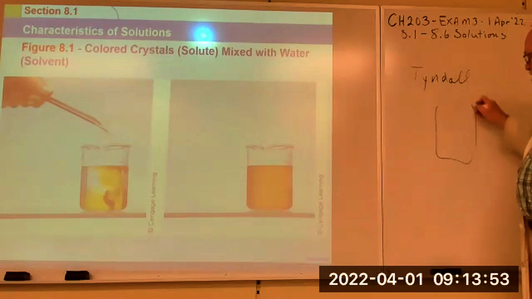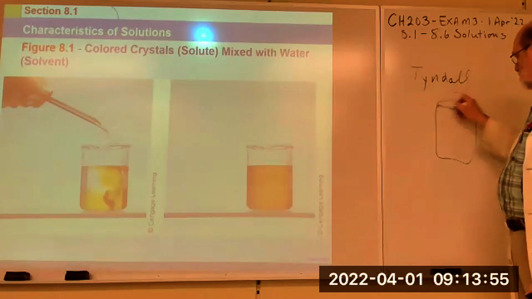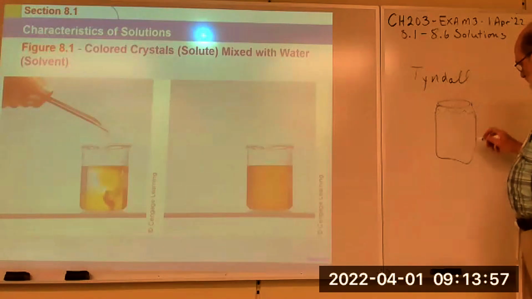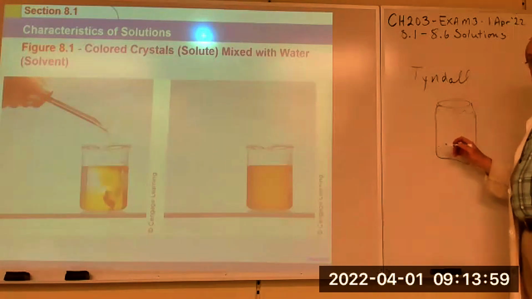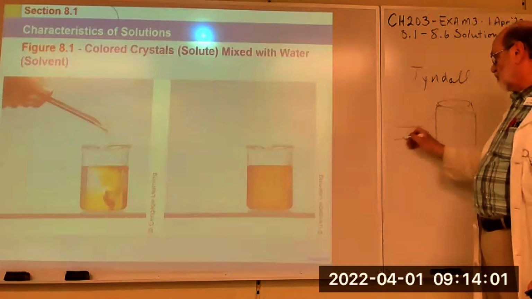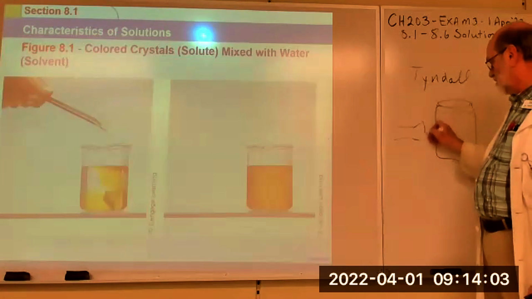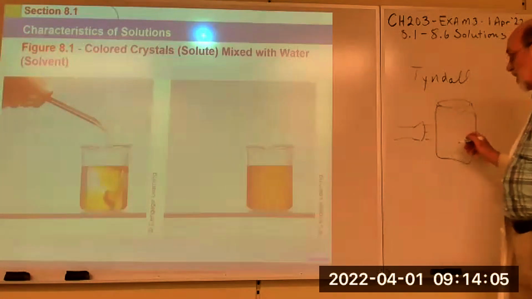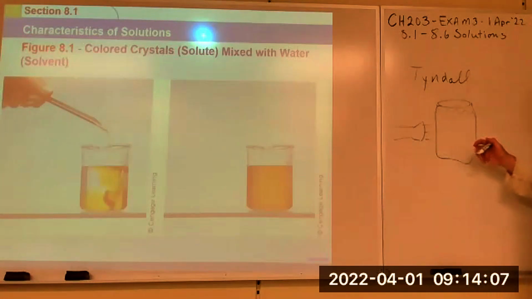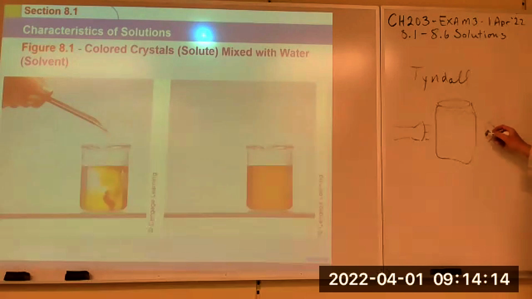So you have your beaker here, and you have what you think may be a solution. You get a bright light, and you shine that bright light in there, and then you look at it from both this side and that side. Unless it's completely opaque, either way you're going to see light coming out this side.